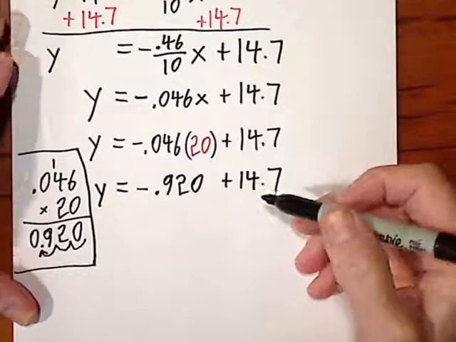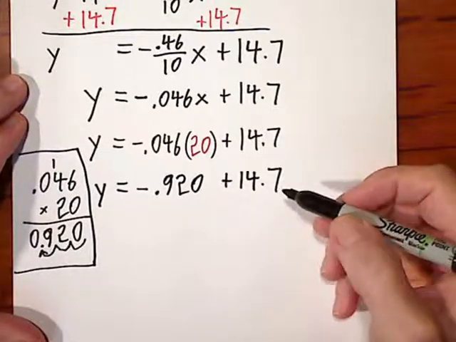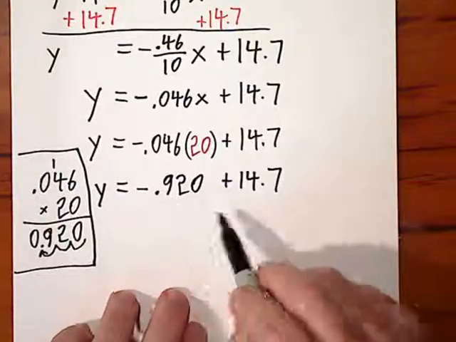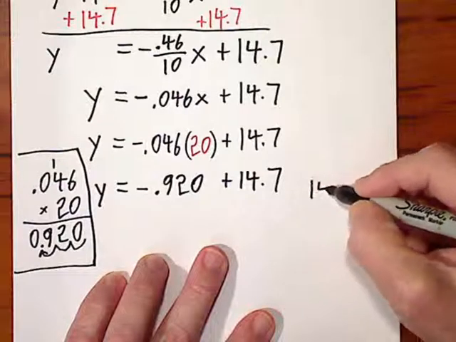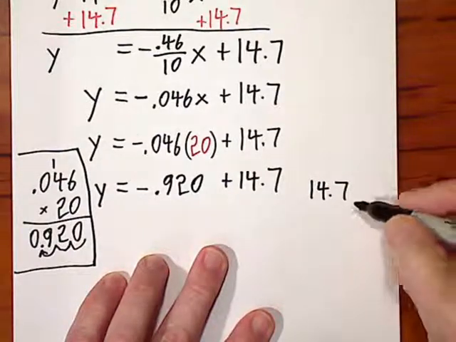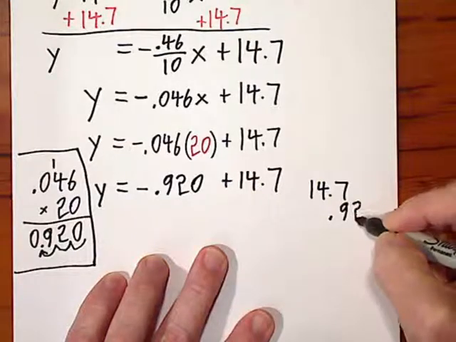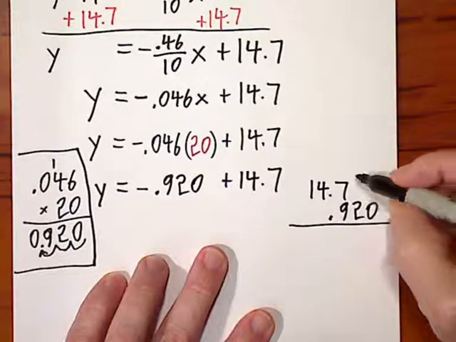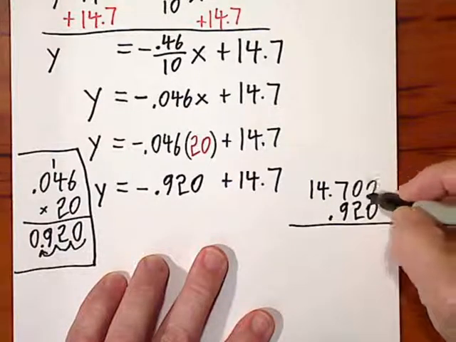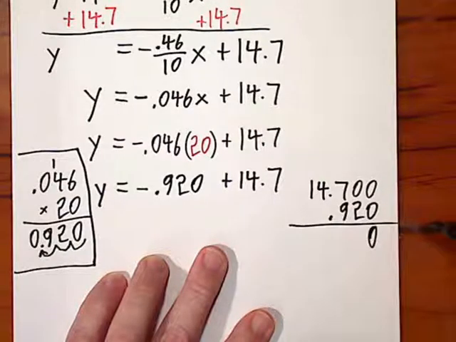All right, so now we just have to clean this up, and we've got 14.7, and we're trying to subtract 0.920. Okay, and we'll need a couple zeros here so we can do some borrowing. Well, this one wasn't really important.